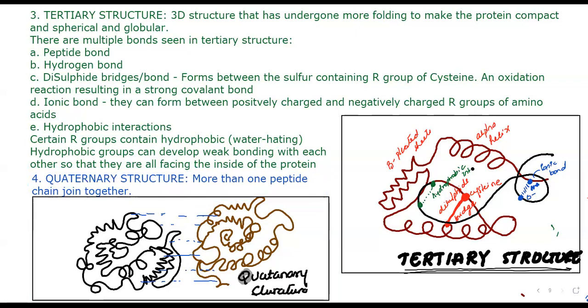From a simple chain, it will fold all the way until it gets to the quaternary structure. On the other hand, most enzymes only get up to the stage of tertiary structure. There's just one chain that's folded together.